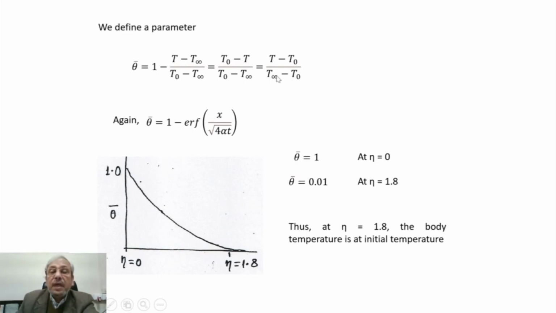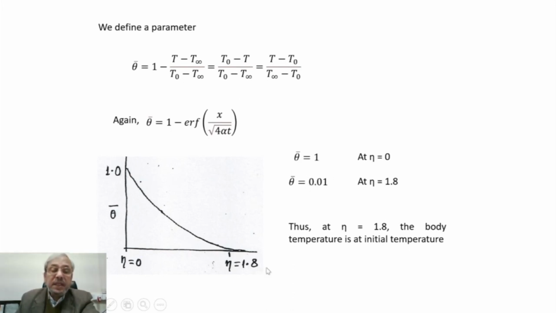So this was the total difference, and at any x location at any given time, the temperature is T. So basically here we can see that this temperature reaches almost T naught, so that theta bar becomes close to 0.